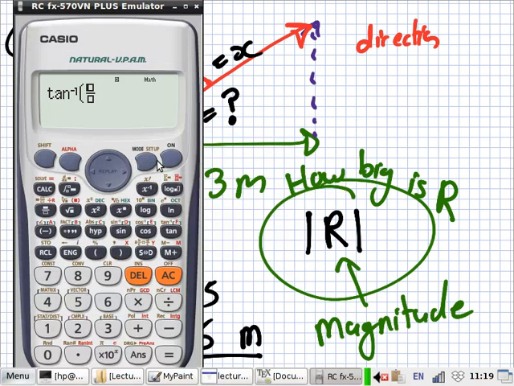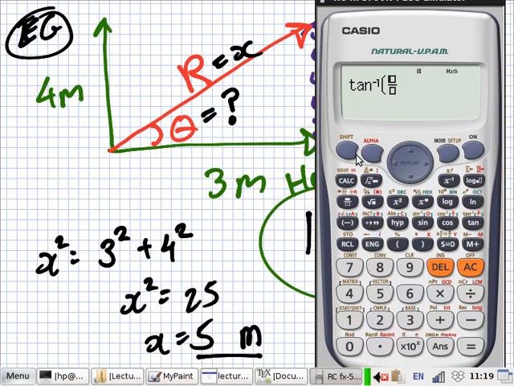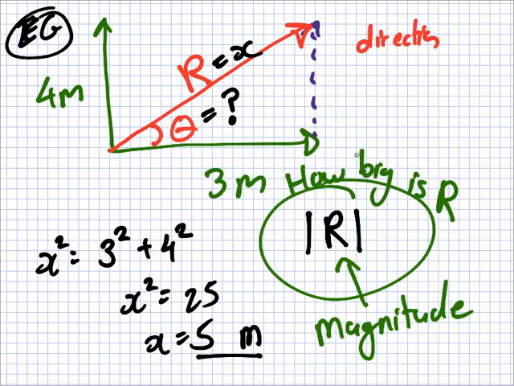It sounds believable. So it's tan inverse 4 over 3. That's 53.1. So how would I write the answer? It would usually be east 53.1 degrees north. Or you could say 53.1 north of east.